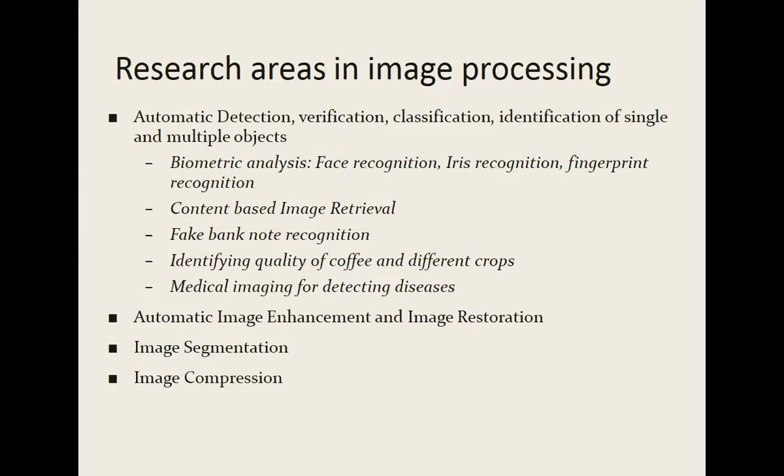Again, image segmentation is a research area, because to what extent the image segmentation algorithm, whether it is region-based or edge-based, is effective depends on the quality and naturalness of the image. As the images are degraded with low quality and naturalness, the image segmentation starts under-segmenting and over-segmenting.